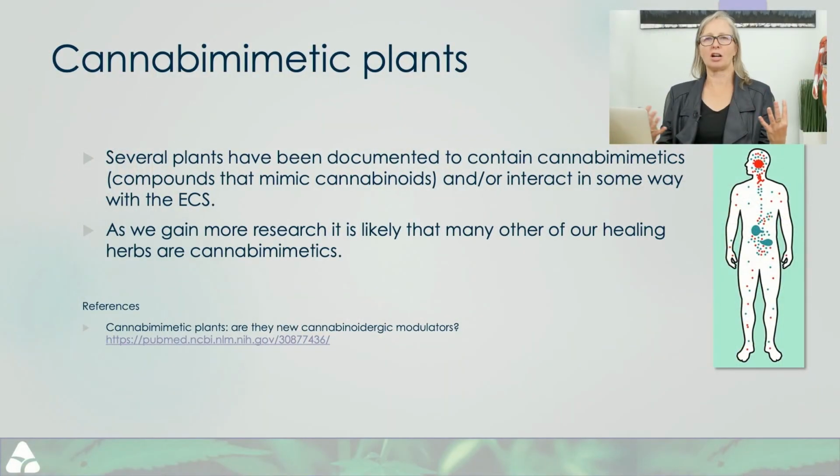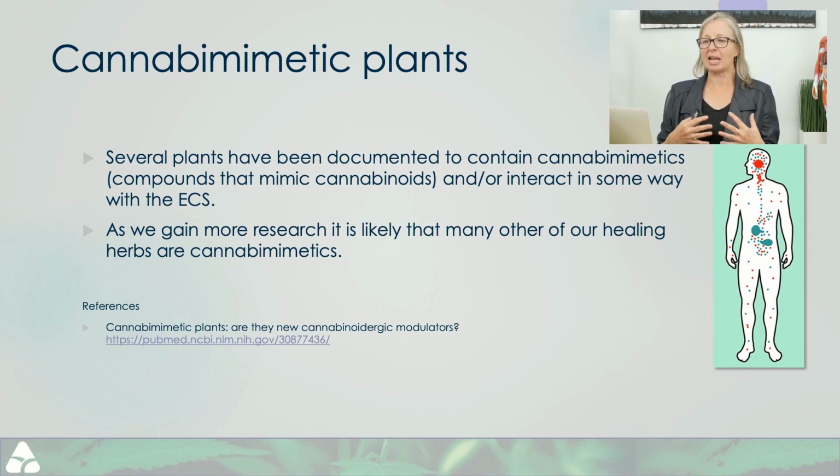This list is actually quite small right now. It's based on a study that was done a few years ago, looking at a handful of plants. So I thought it'd be kind of fun to go through these because it helps to broaden our awareness of plant medicine, and the cannabis plant is going to be the bridge to knowing how other plant medicines work.